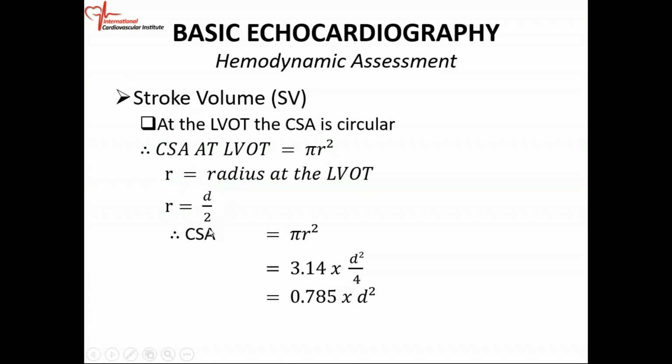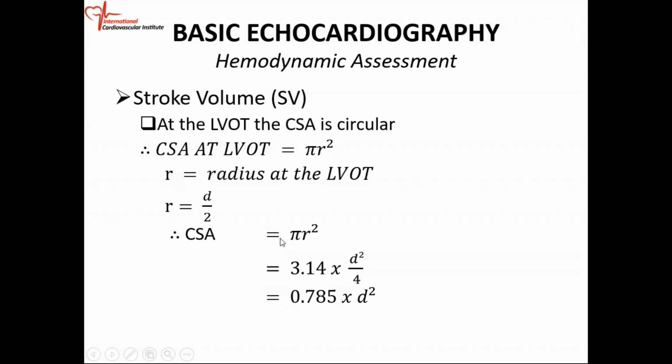The radius is d over 2, so cross-sectional area is pi r squared. And when we simplified, pi is 3.14. Radius squared is d over 2 squared. You square that to get d squared over 4, and you simplify to get 0.785 times d squared.